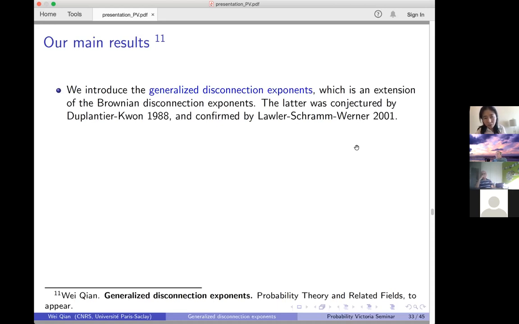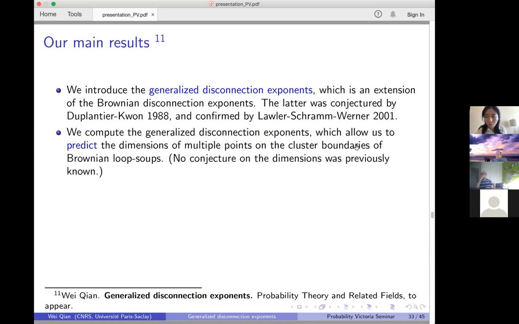The latter was conjectured by Duplantier and Kwon in 1988 and confirmed by Lawler and Werner in 2001. And we will compute this generalized disconnection exponent, which will allow us to predict the dimension of multiple points on the cluster boundaries of Brownian loop soups.